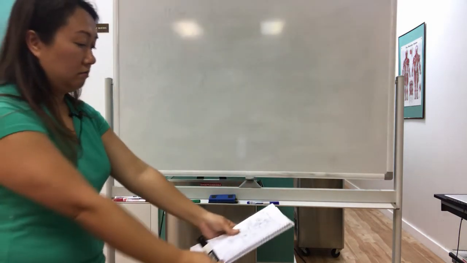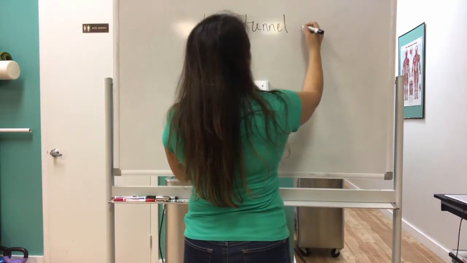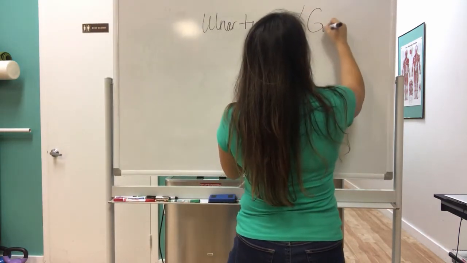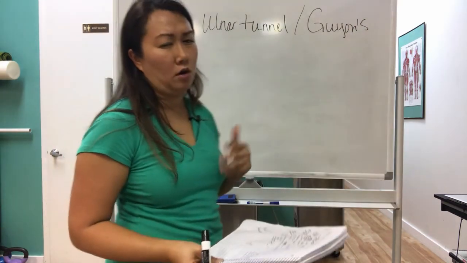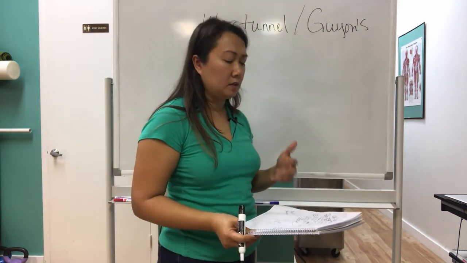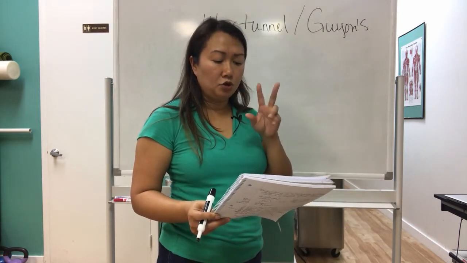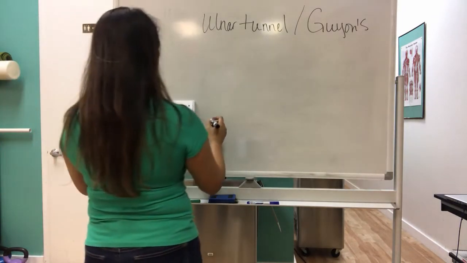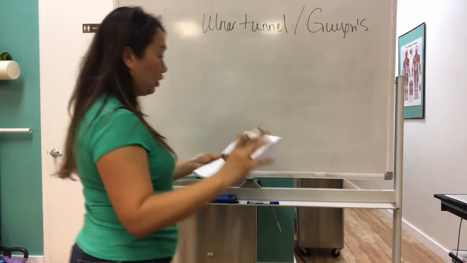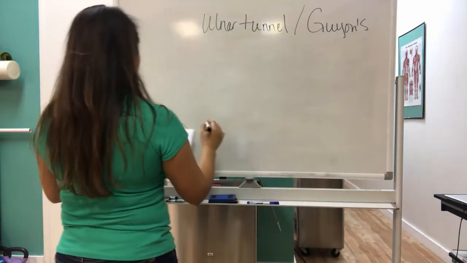All right, so the ulnar tunnel, and somebody correct me if I'm saying this wrong, Guyon's canal. This is much harder. It's not as common, but it's still important to know. But there are 2 branches. So this is how I'm going to draw it out. There are 3 zones to this tunnel.